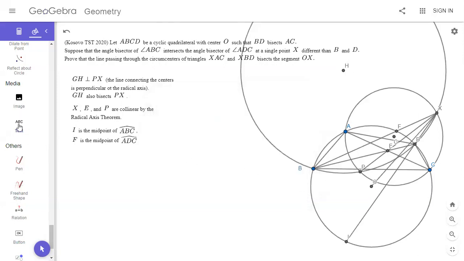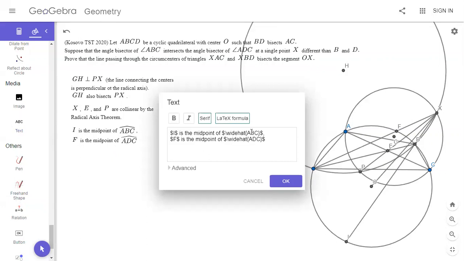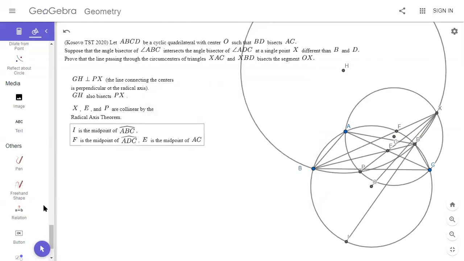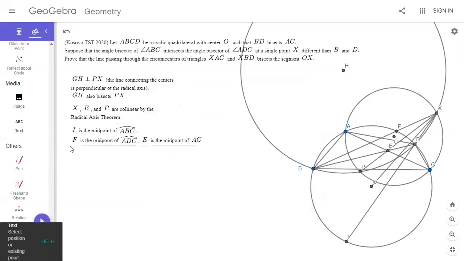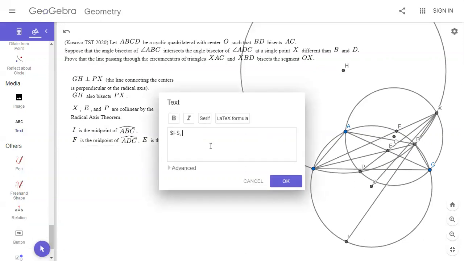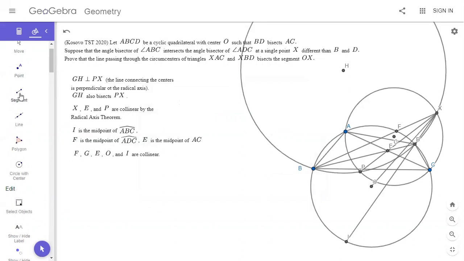And E is the midpoint of AC. So that means that F, G, E, O, and I are collinear. All right. It's pretty nice. It's not often you get 5 points all collinear like that.